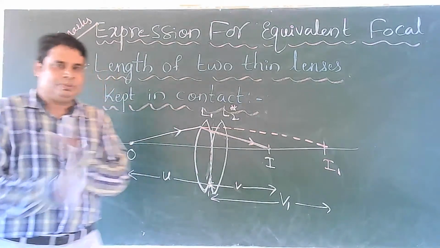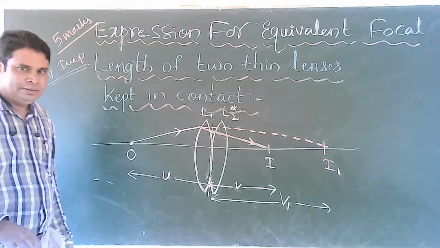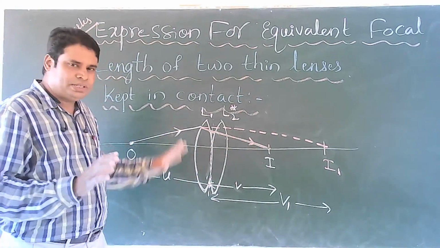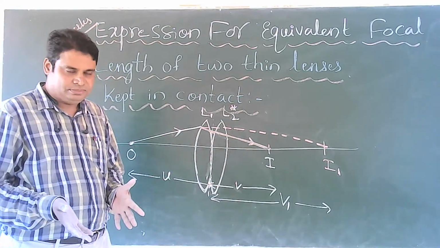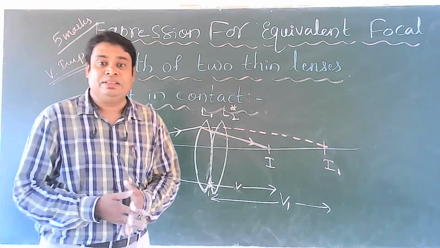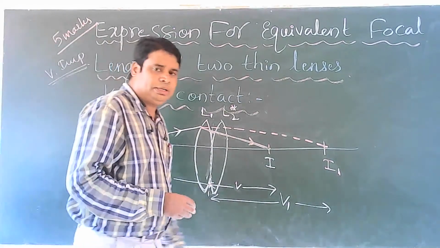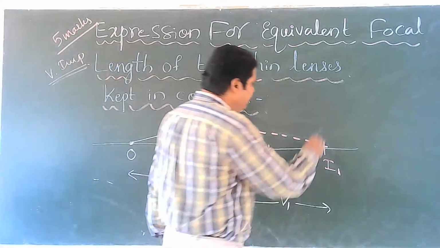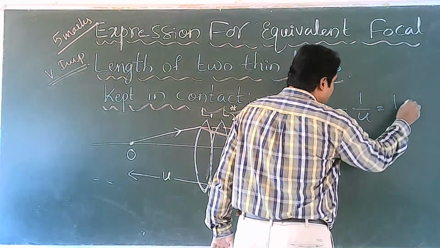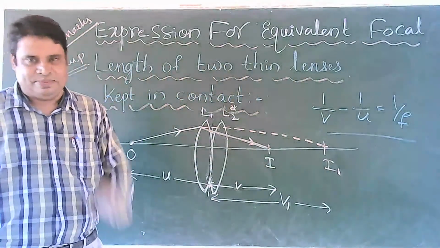So what we do in the derivation: first, we have to consider the thin lens formula. The thin lens formula is given by 1 by v minus 1 by u is equal to 1 by f. You have to make use of this formula here.